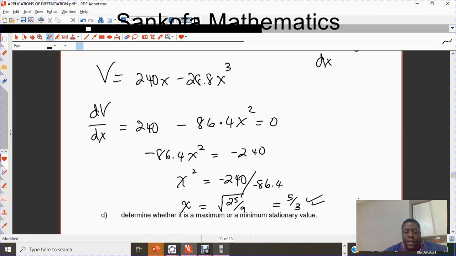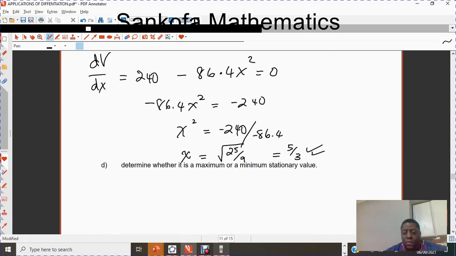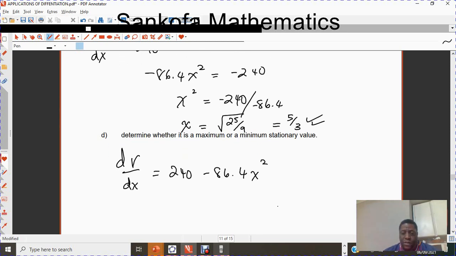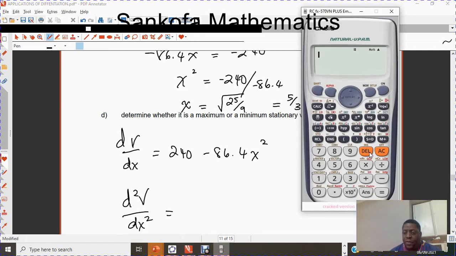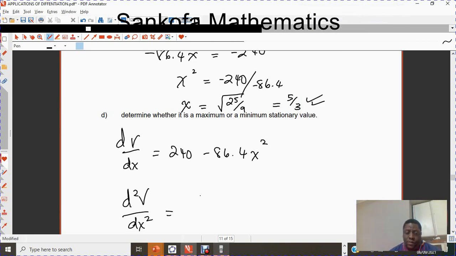Okay. Then they say determine whether this value is a maximum value or a minimum value. So we already know that dV/dx is equal to 240 minus 86.4x squared. So if we do the second derivative, d squared V over dx squared equals 2 times 86.4, which is 172.8, so it's negative 172.8x.